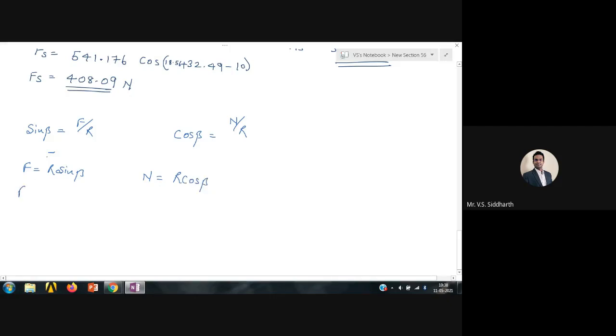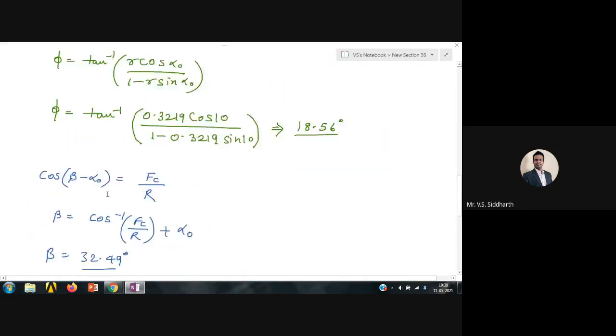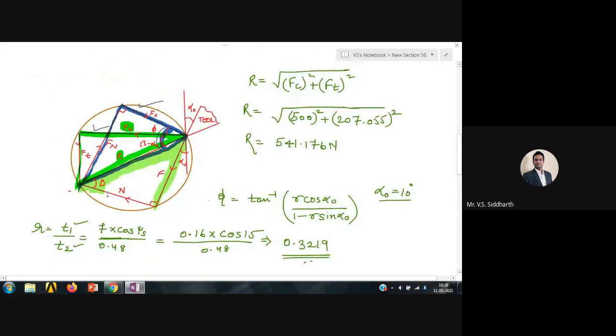Okay. Janvi is telling us F is 290.69 newtons, and normal is how much? 456.47 newtons. Okay. So is there anything else we have to calculate? Everything you have calculated, right? All the forces you have calculated.